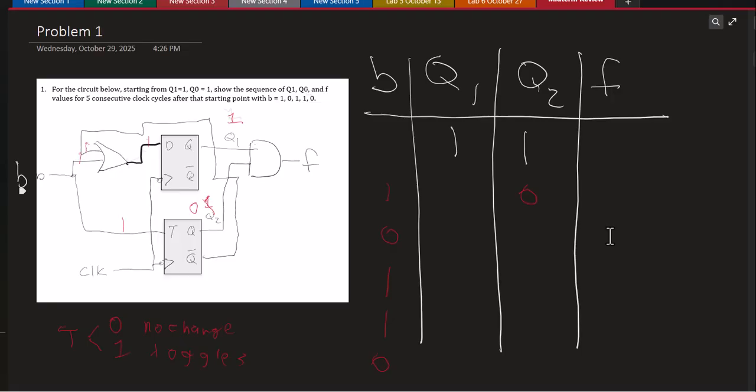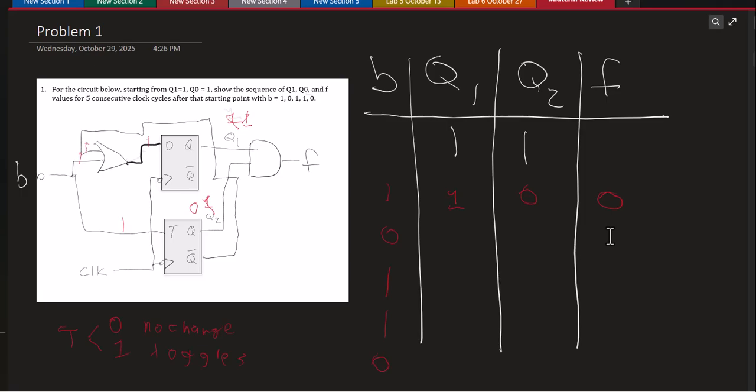For a D flip-flop, Q follows D. Whatever D is, that's what Q is. So Q1, second time around, I'm going to cross it out even though it's not changing. It's going to be 1 as well. And F is the AND of Q1 and Q2. The AND of 1 and 0 is 0.